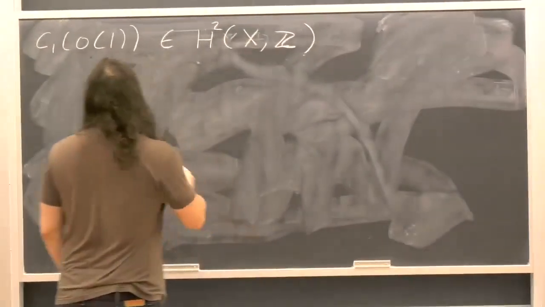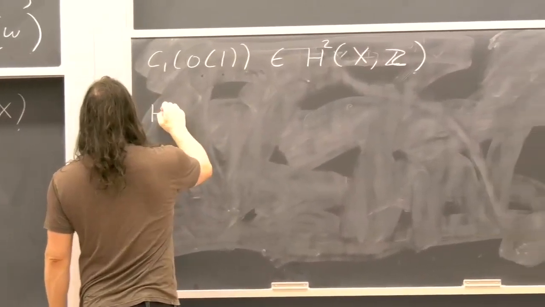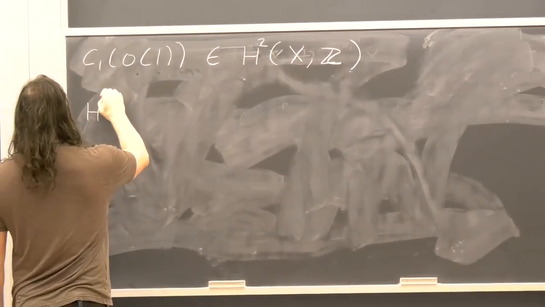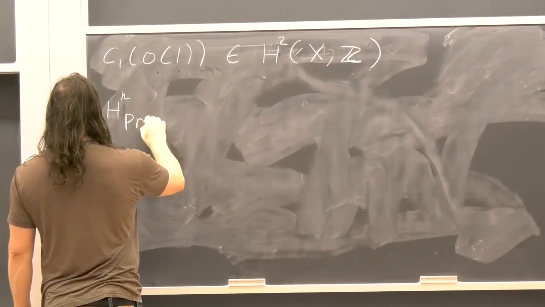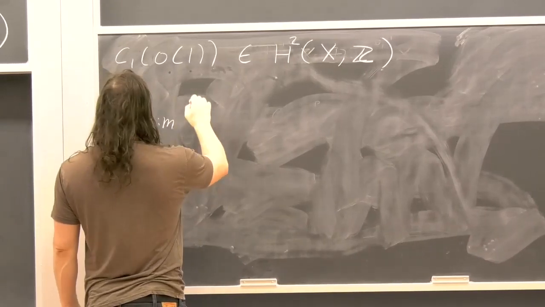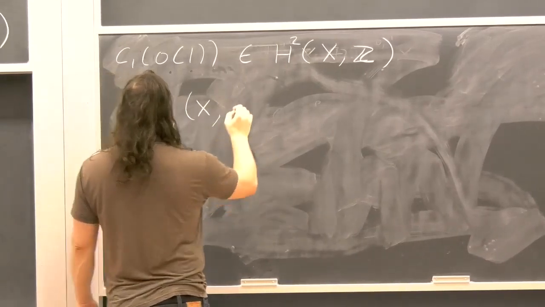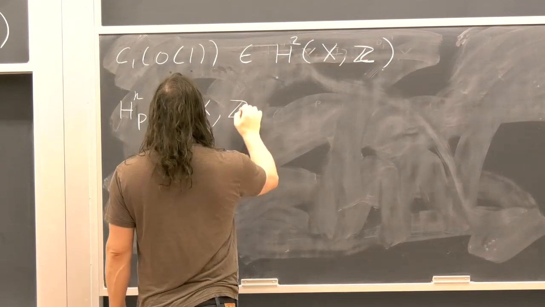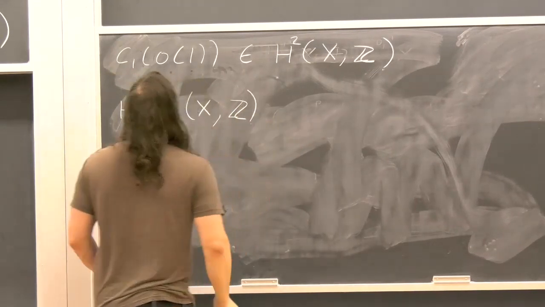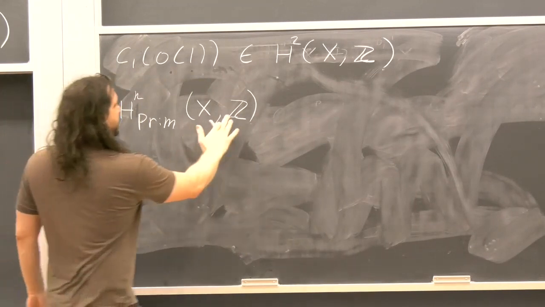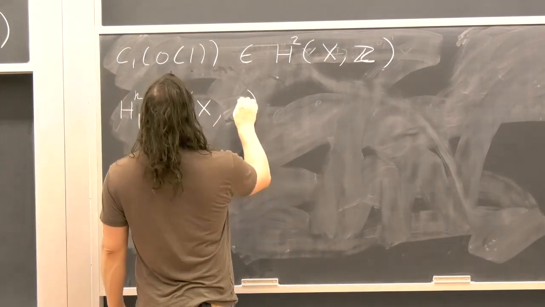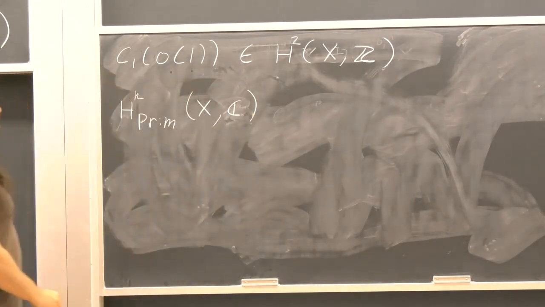Instead, what you should do is define the primitive part of the cohomology of X, which you can define on Z, or maybe I'll define it on C right away. Doesn't matter. And again, I want to make sure that I don't get this wrong.